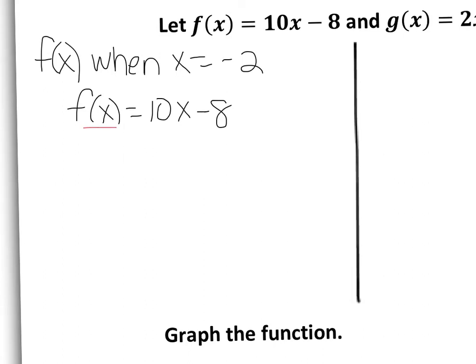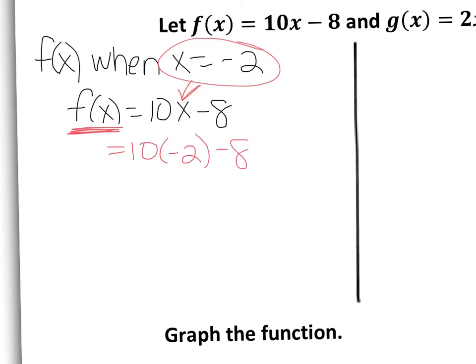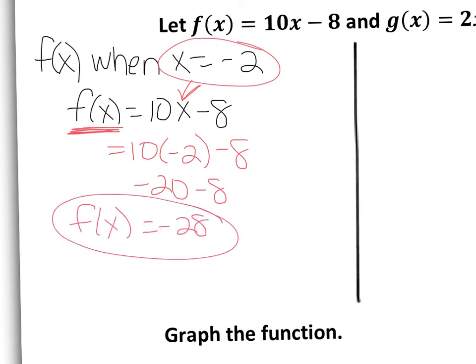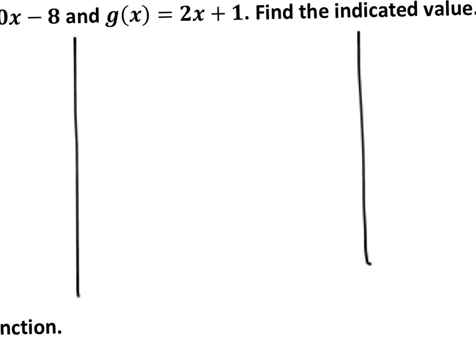I want to know what that left-hand side of the equation is. So it tells me that x is negative 2, so I'm going to plug negative 2 in for x. So I have 10 times negative 2 minus 8. So I get negative 20 minus 8. So f of x is equal to negative 28. So they gave me what the value of x was. I just needed to make sure that I picked the correct function and plug it in.